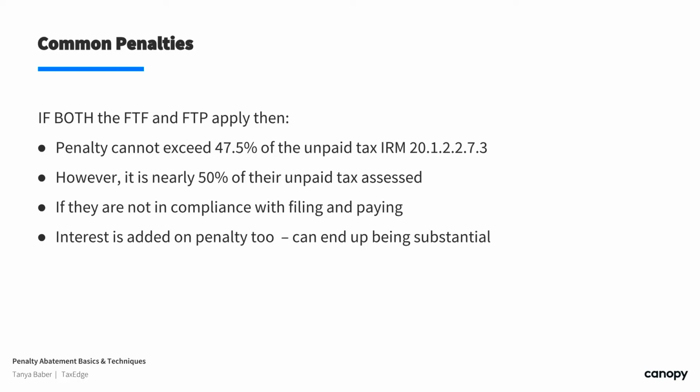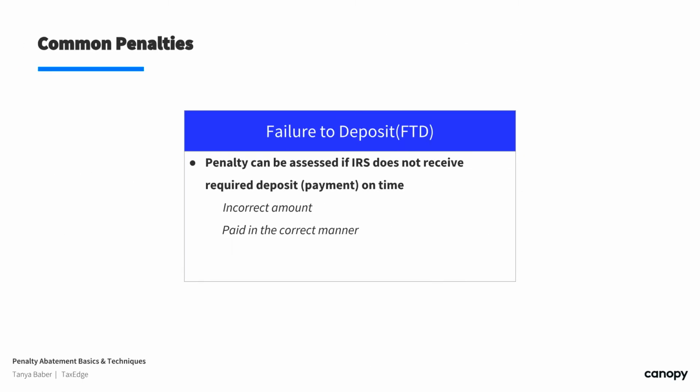There's also, for employers, something called a failure to deposit. So if they aren't paying the payroll taxes and depositing them on time, or they deposit the wrong amount, or they do it in the wrong manner, say they were supposed to pay it electronically and they don't, then they can get assessed a failure to deposit penalty. The failure to deposit penalty is more of a graduated penalty.